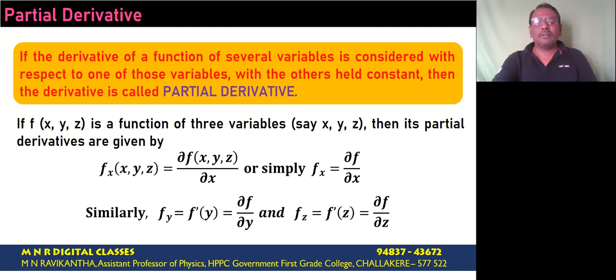In the second term, f_y, or f'_y, ∂f/∂y, represents the partial derivative of the function f with respect to the y coordinate as variable, keeping x and z coordinates constant. Similarly, f'_z represents the partial derivative of the function f with respect to the z coordinate as variable, keeping x and y as constants.